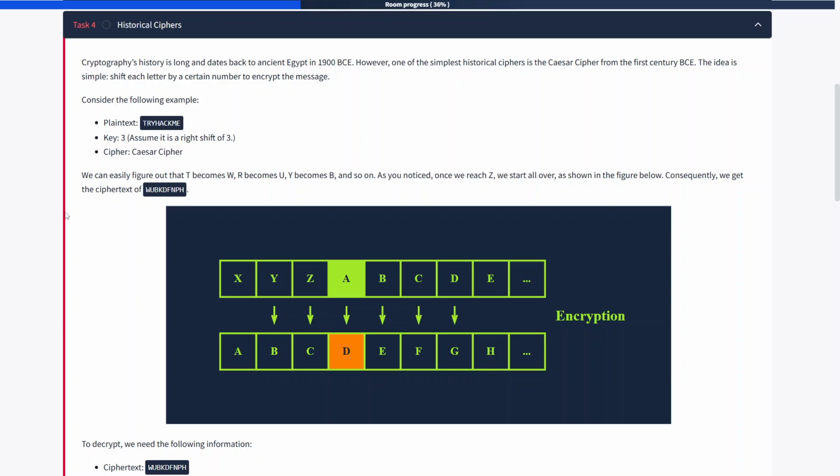We can easily figure out that T becomes W because we have to shift right from the T, and the key is 3, so we shift 3 characters right from T, and R becomes U, and so on. As you noticed, once we reach Z, we start all over as shown in the figure below. Consequently, we get the ciphertext for try hack me.